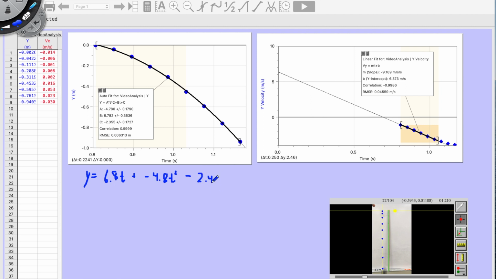Now, does that look like an equation that you know? I'm going to tell you that yes, it kind of does. We have an equation y equals v_i times t, plus 1/2 a t squared.